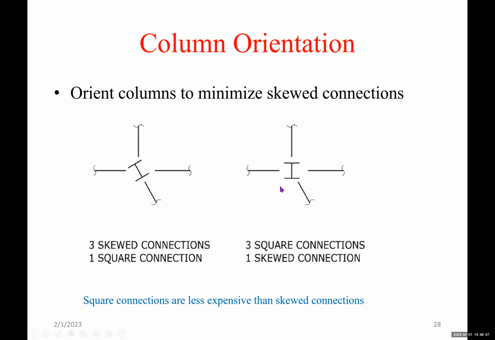Using this orientation on the right, we have 3 straight beams with 1 skewed beam, versus if I orient the column to fit that beam here, I will end up with 1 beam with a straight connection and 3 skewed beams with 3 skewed connections that are typically difficult to build.